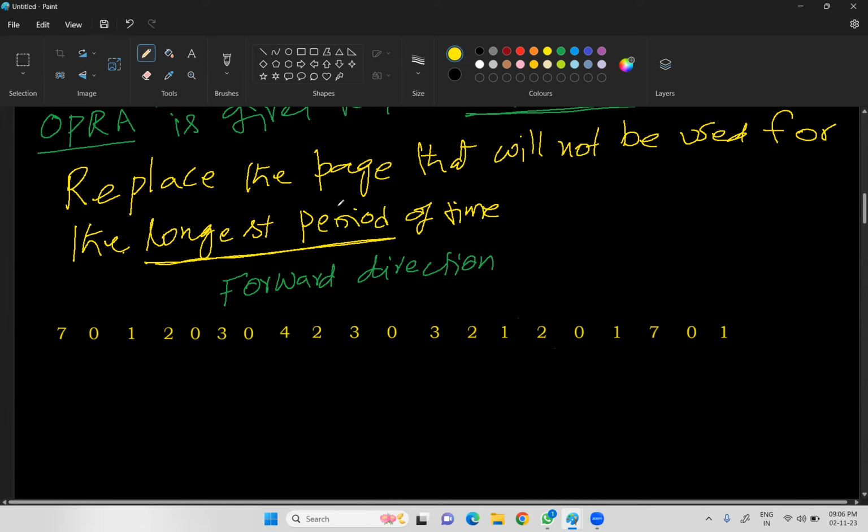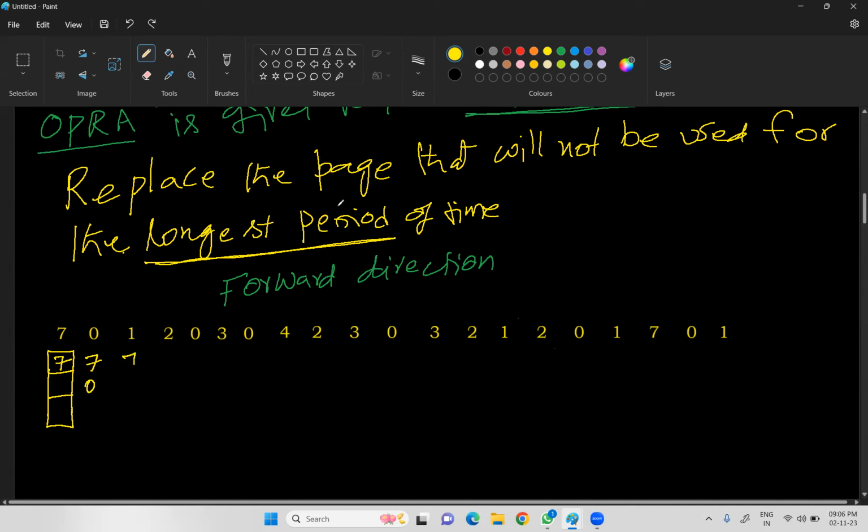These are the frames to complete your process. Now let me draw only for the first time, because it is a time-consuming process. So 7 will not be available, so it could be replaced. This is obvious. And 701, it is also obvious. Sorry, one is not there, sorry.